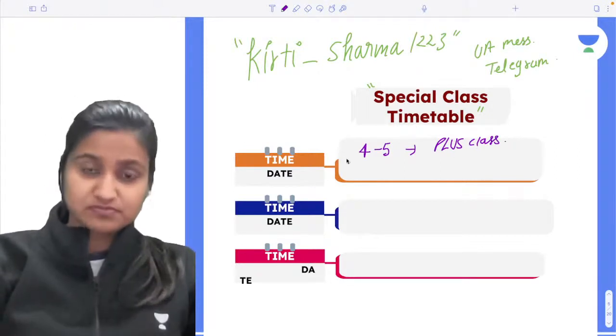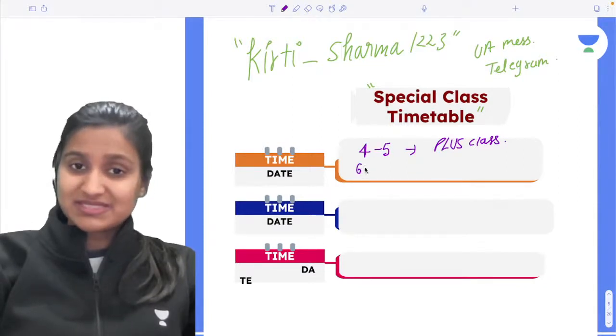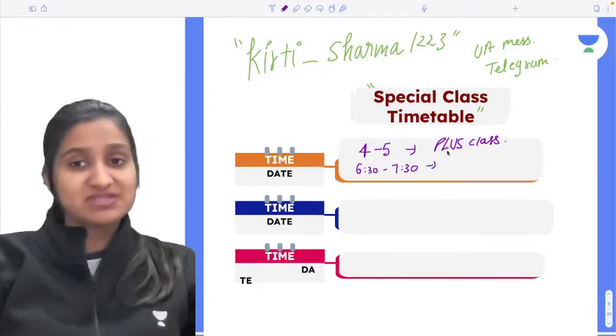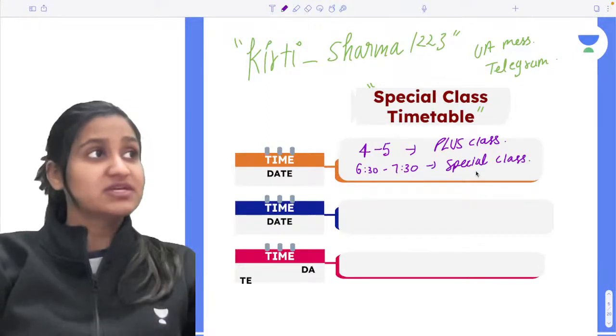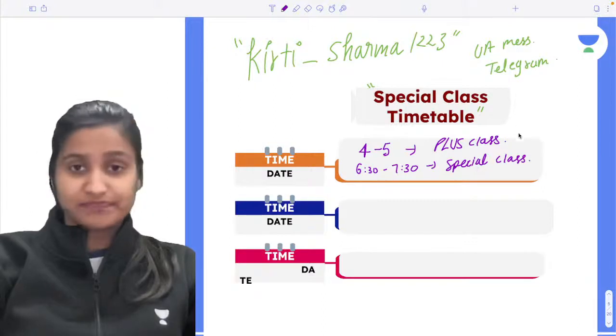Then from 6:30 to 7:30 we have a special class. समझे? ठीक है?